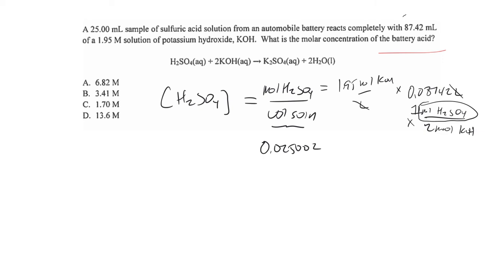So 1.95 times 0.08742 divided by 2 is 0.08523 moles of H2SO4. Now, if I divide this by the volume of the H2SO4 solution, I get 3.41 molar.